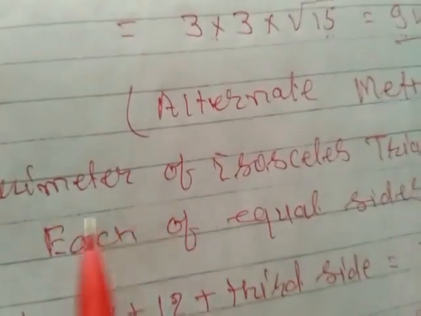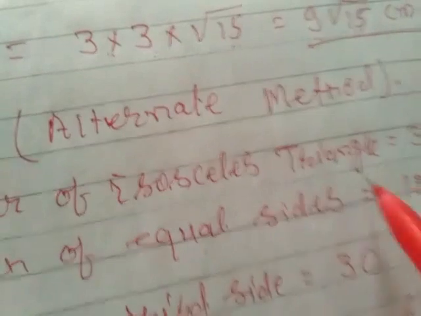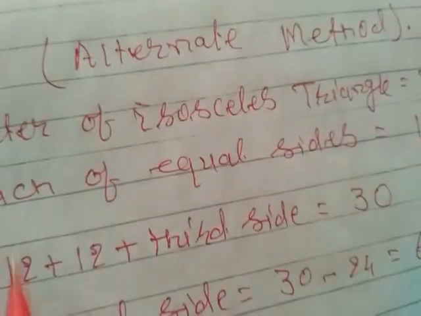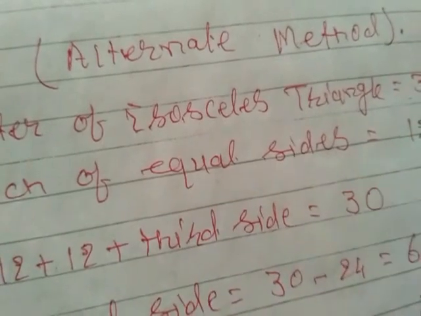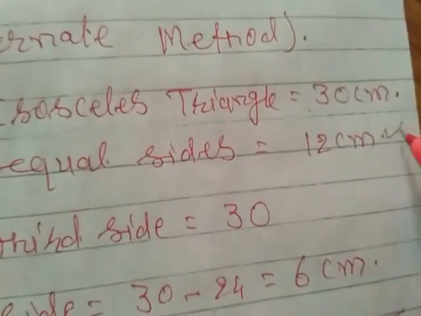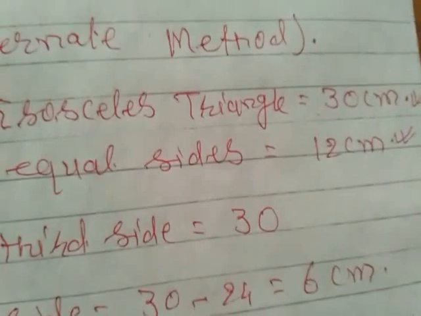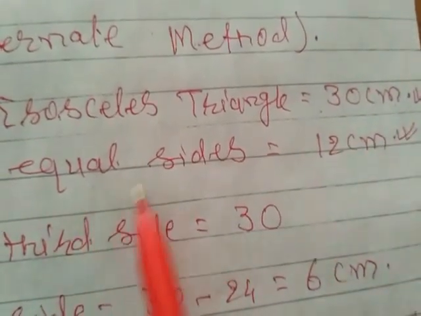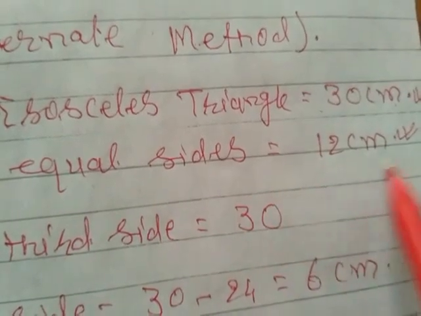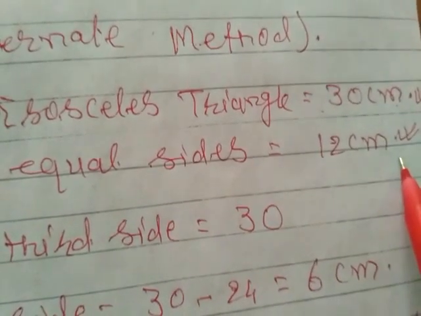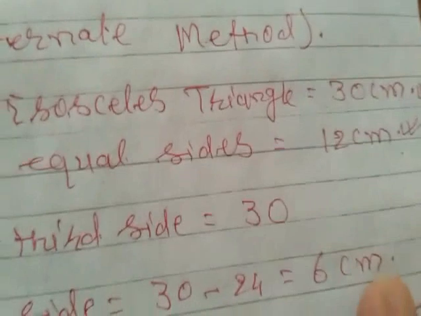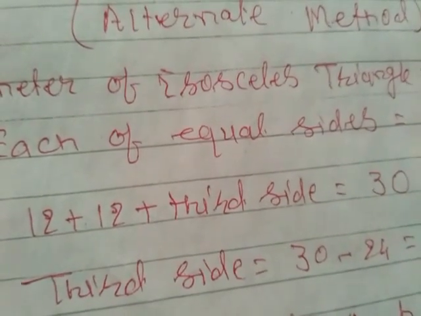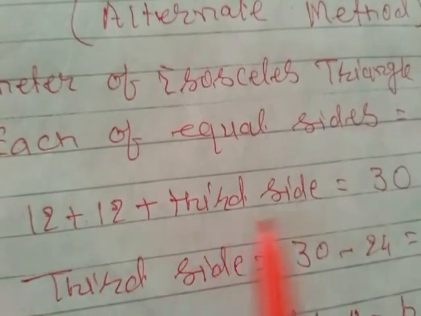Children, the perimeter of the isosceles triangle was given as 30 centimeter and each of its equal sides was given as 12 centimeter in the question. Now as you know, the perimeter of a triangle is equal to the sum of its three sides.